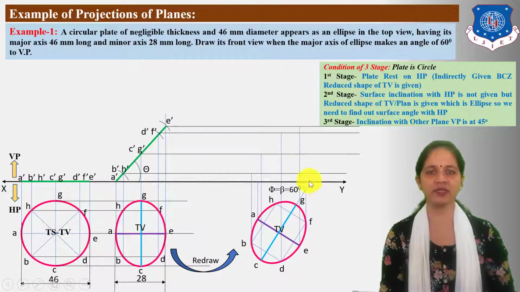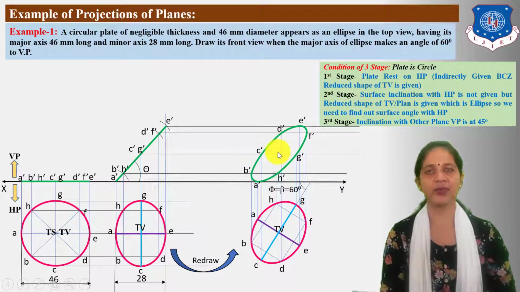The vertical and horizontal projection lines intersect at one point for each particular point. So mark here the A dash, B dash, C dash, D dash, E dash, F dash, G dash and H dash points. Connect all these points freehand in the form of a curve. So this indicates the apparent shape in front view.